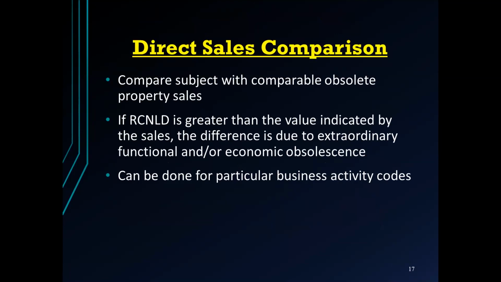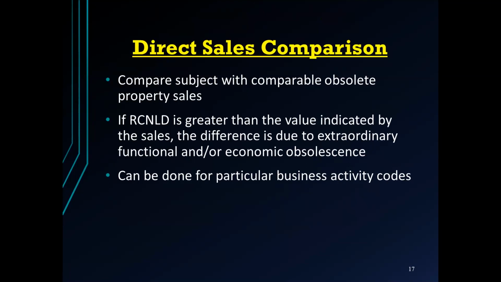This is where you take your subject property that you believe is subject to some sort of obsolescence and compare it to the sales of comparable obsolete property. And then the difference between your calculated RCNLD and the sales prices, assuming that they truly are comparable, should be all forms of obsolescence.